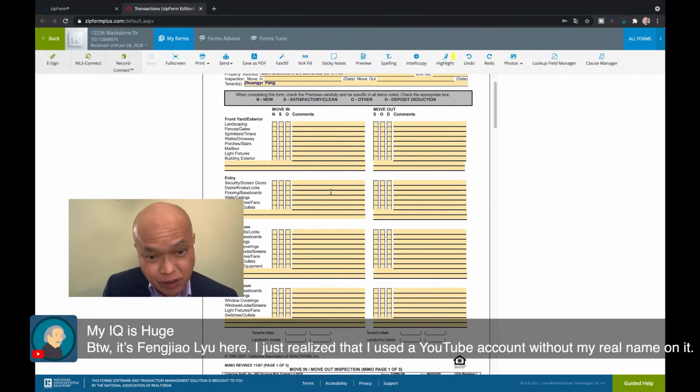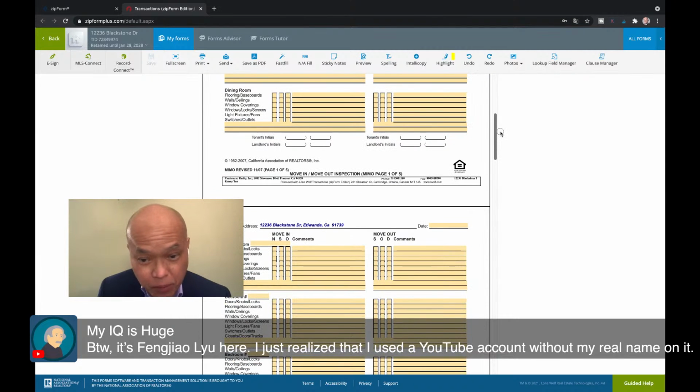So you have them fill out the move-in portion, and then both parties sign. The seller would sign as the tenant, and then the landlord will sign in the landlord's places. So you go ahead and complete the form, sign it.